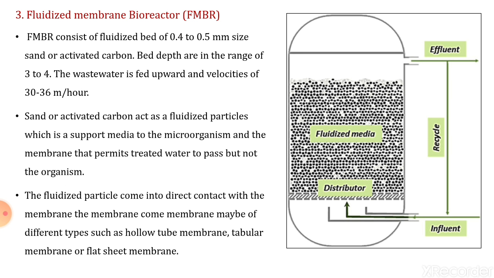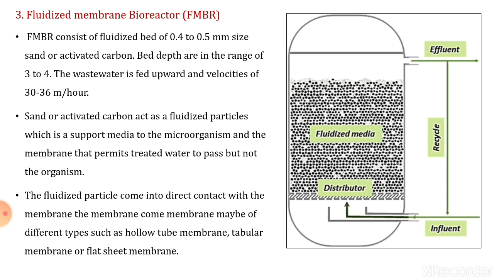Then the fluidized membrane bioreactor. FMBR consists of a fluidized bed of 0.4 to 0.5 mm size sand or activated carbon. Bed depth is in the range of 3 to 4 meters. The wastewater is fed upward and velocities of 30 to 36 meter per hour are maintained.